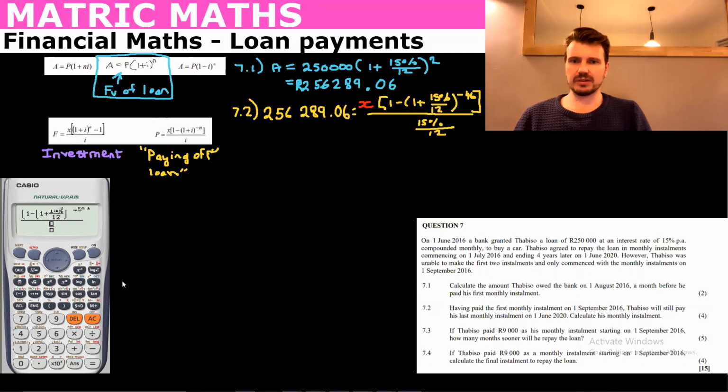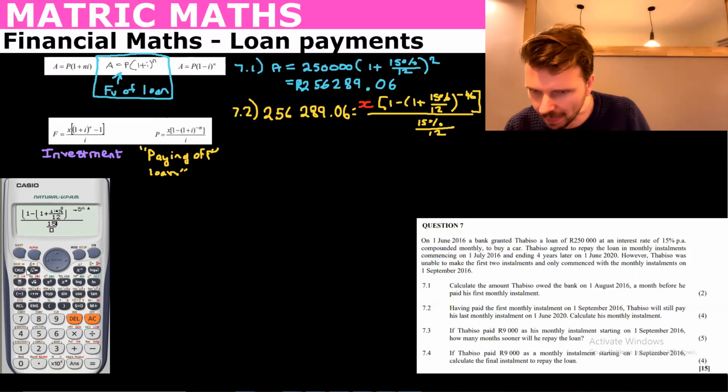So theoretically, what we would actually be doing is saying, to get x by itself, we'd say 256 divided by this whole thing here would give you the answer, but I'm still going to do it in steps. So there's the percentage over 12.